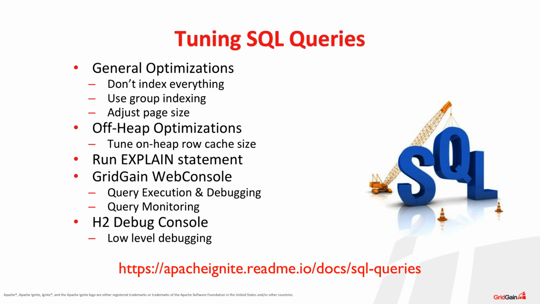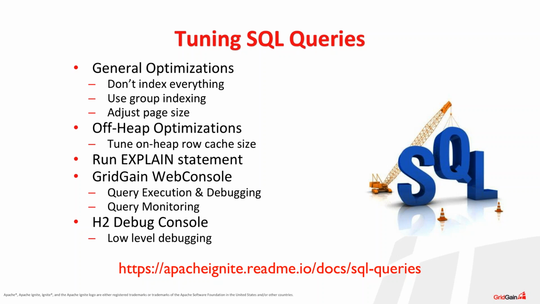But in addition to that, it allows you to run SQL queries, to get the execution plan for your queries, to browse your data and your metadata, and so on. Very beautiful, powerful tool, so check it out.